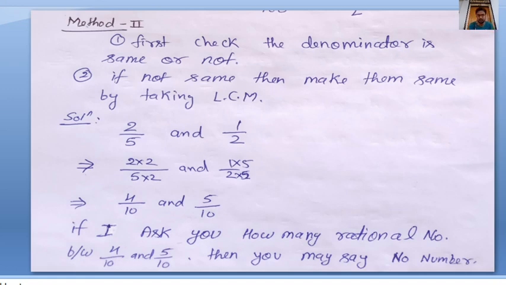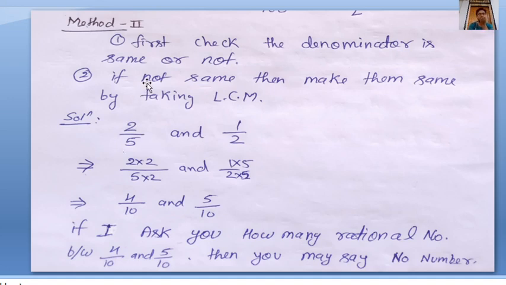You know that if denominators are not the same, then what will you do? You find the LCM. So first you check whether the denominators are the same or not.